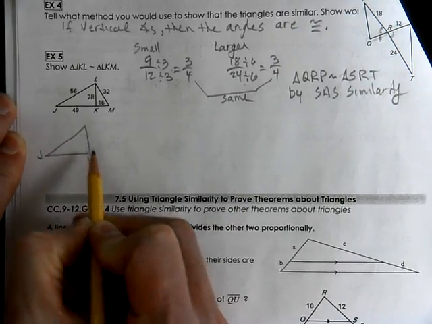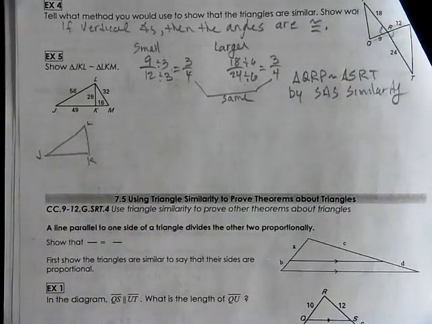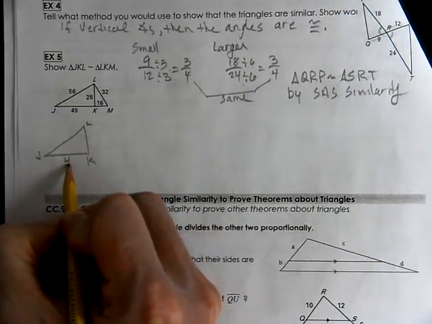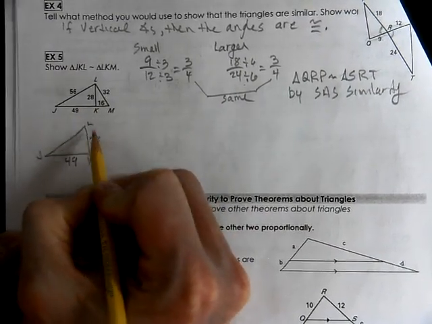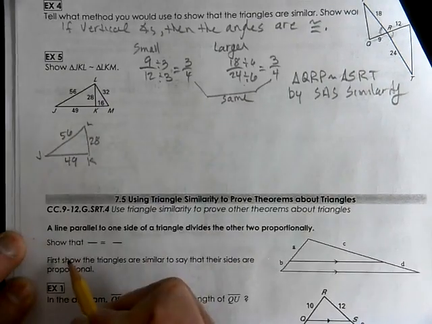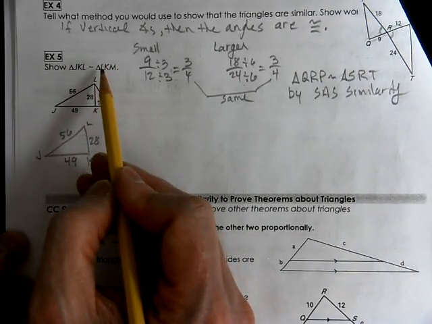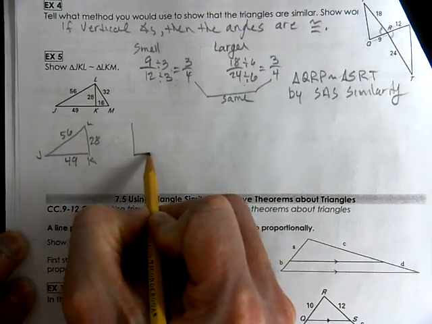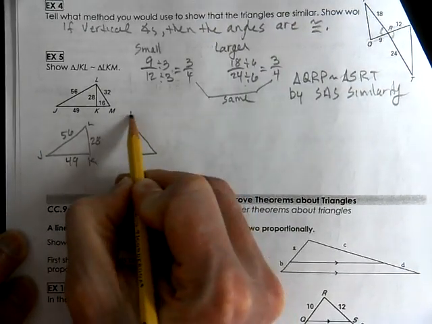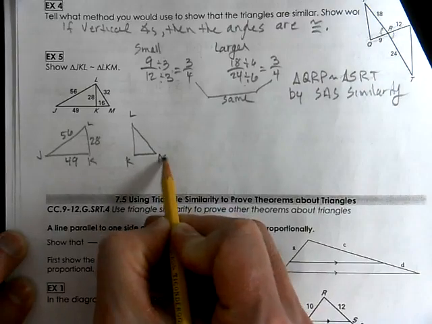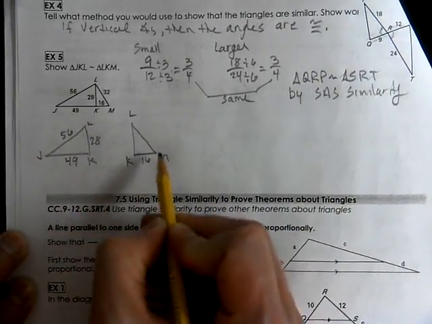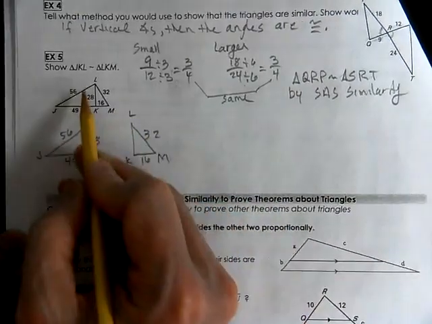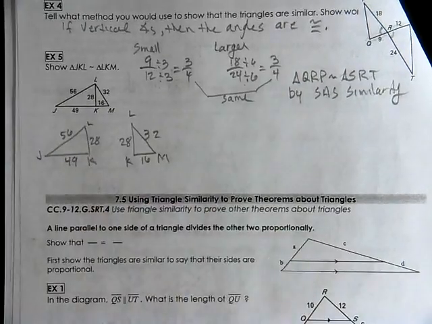It might be difficult for you to look at the numbers if they are all crammed together. So 49, 28, and 56. Then we're going to have this triangle LKM. LKM. We have 16, 32, and 28.